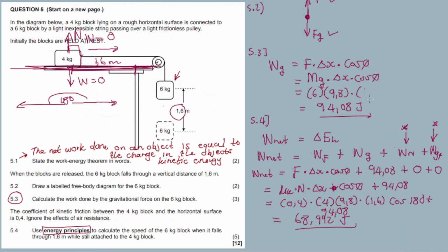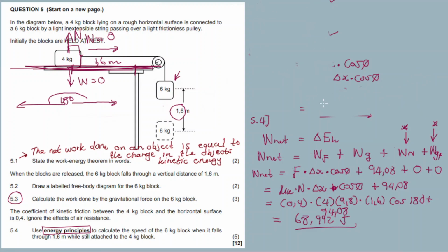So shall I erase up here so that I can continue with this calculation? Okay, we continue with it. We say the net work done is equal to the change in kinetic energy. So this is equal to half m, half m times v final squared minus v initial squared, right?